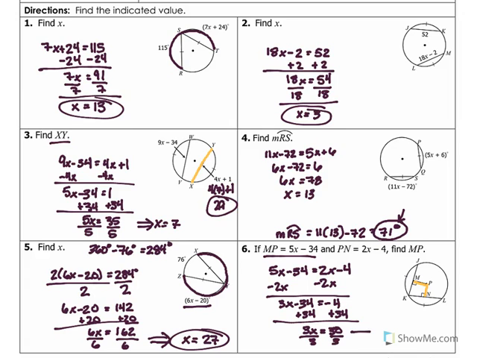Divide by 3. And we get that x equals 10. Now we just need to plug that in up here. So we're going to have 5 times 10 minus 34. And we should get 16. So this answer, so MP equals 16. Woo!